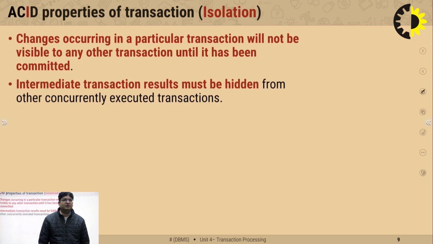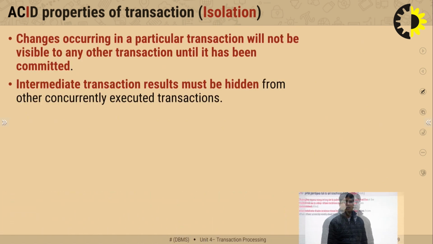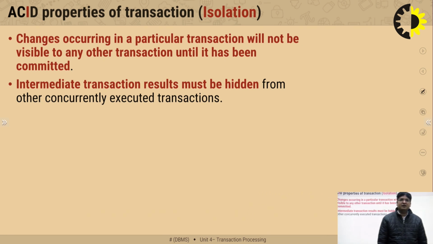Next is the isolation property, that is, changes occurring in a particular transaction will not be visible to another transaction until it has committed. Intermediate results will be hidden from other transactions that are working in parallel, so that they do not interfere in each other's state.